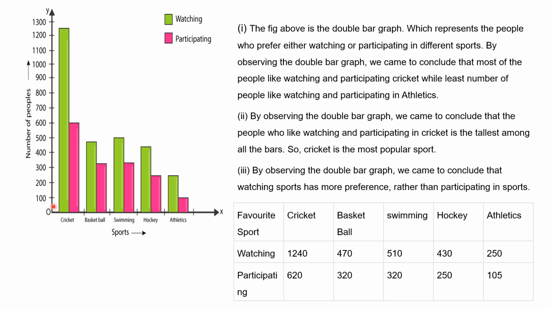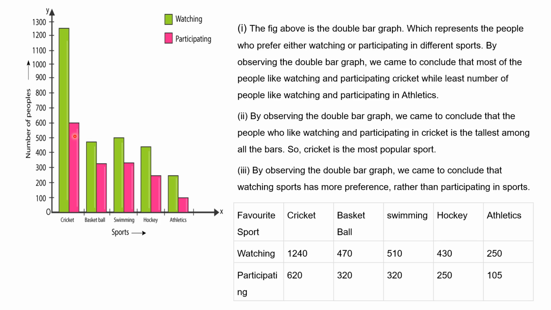What do you infer using this bar graph, right? From the given figure, we can infer that most of the students love to watch cricket as well as they love to participate in cricket only.